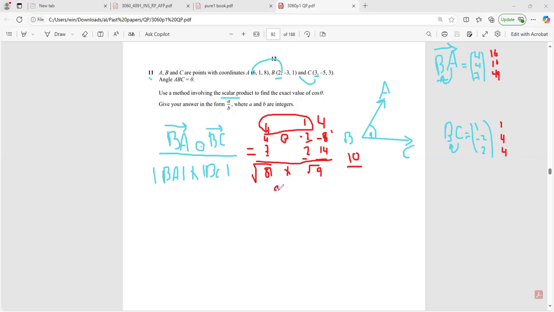So here is 9 multiplied by 3, which gives us 27. And we did it. Then that is the final answer. The cosine theta, we get it in terms of A. Let's see the next.